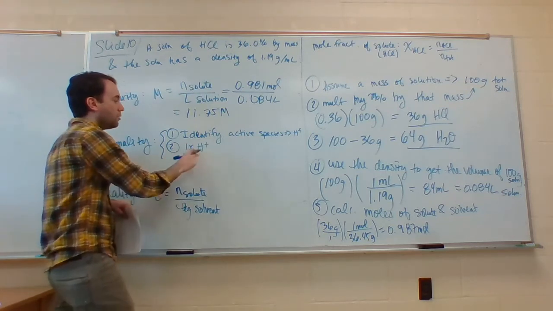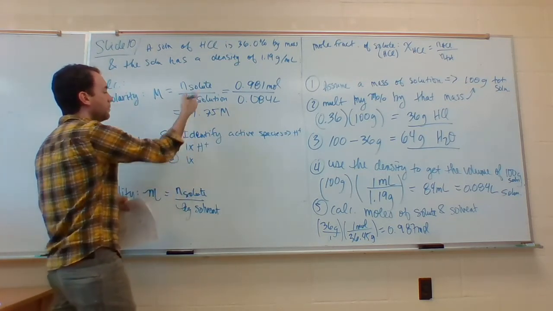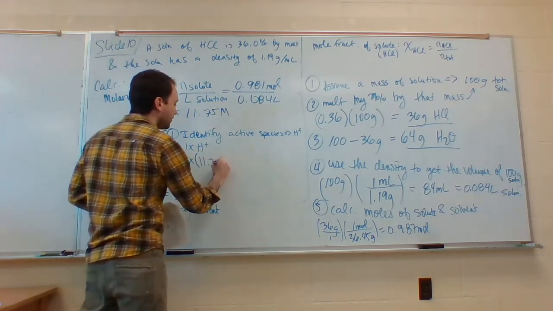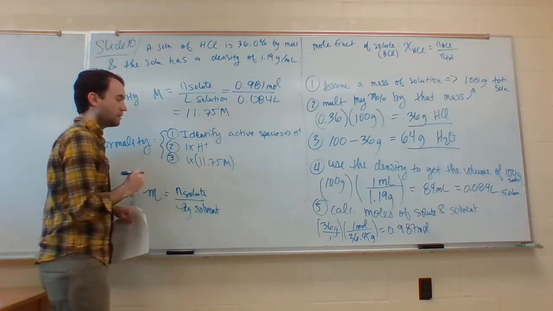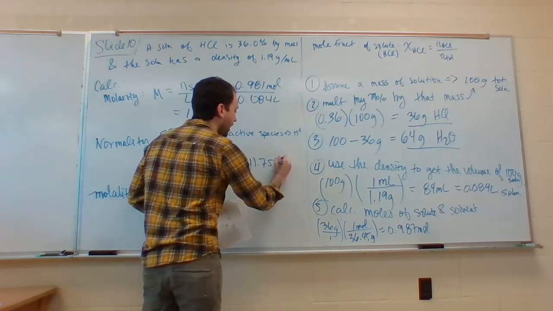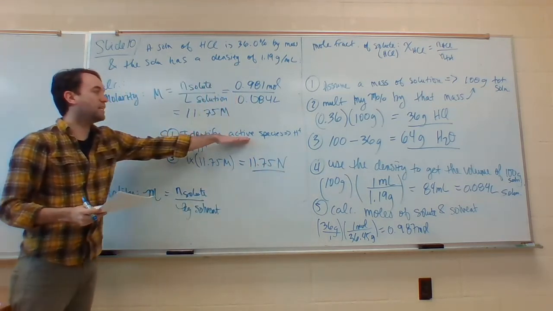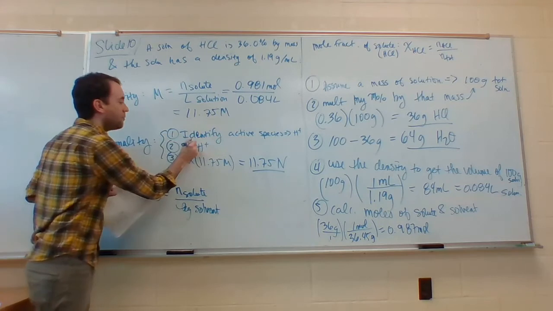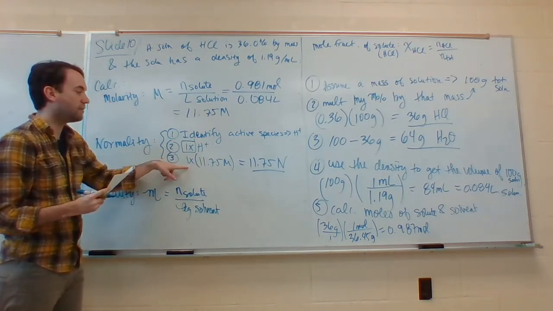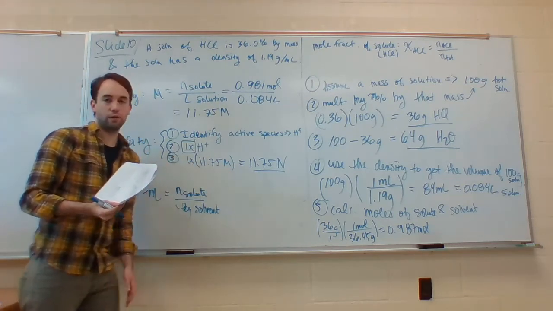So we are going to take that 1 and multiply it by our molarity, which was 11.75 molar. That gave us 11.75 normal. So identify the active species, figure out how many you have, and multiply that number by your molarity to figure out your normality.